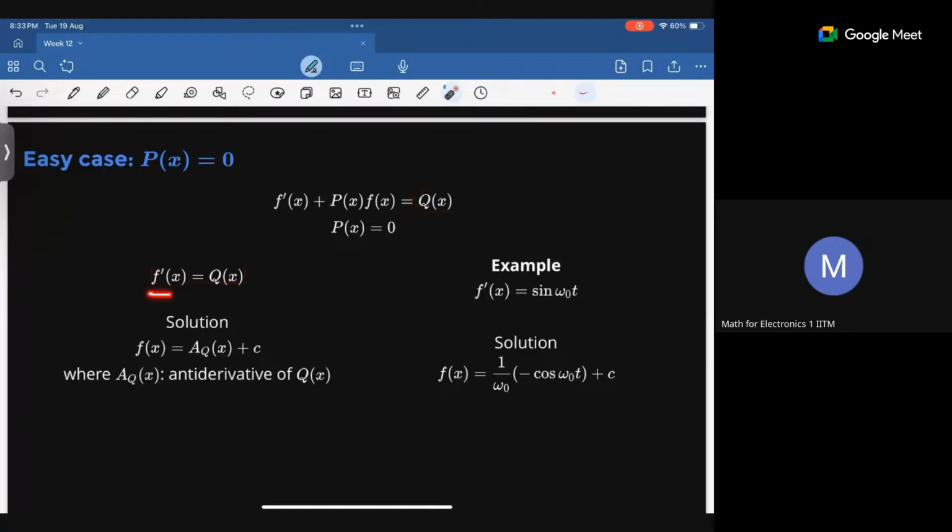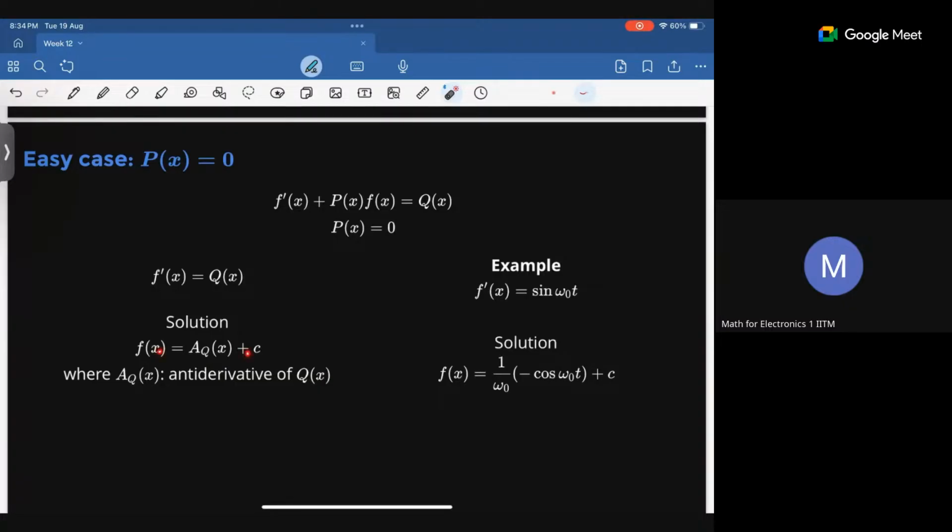So if we have an expression like this, we can take the integral on both sides. So integrate. If you integrate f prime of x, we'll get f of x. And if you integrate q of x, you'll get the antiderivative of q of x. And since we are doing the integral, we'll have some integral constant.